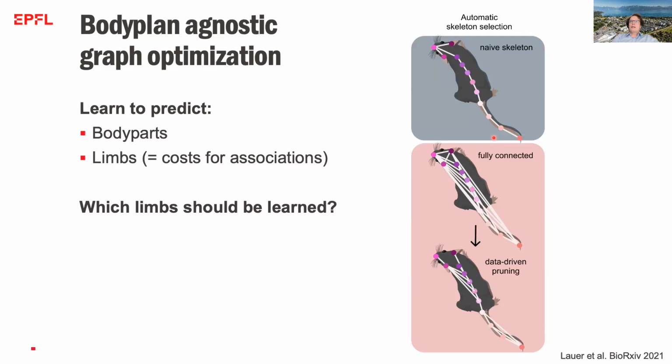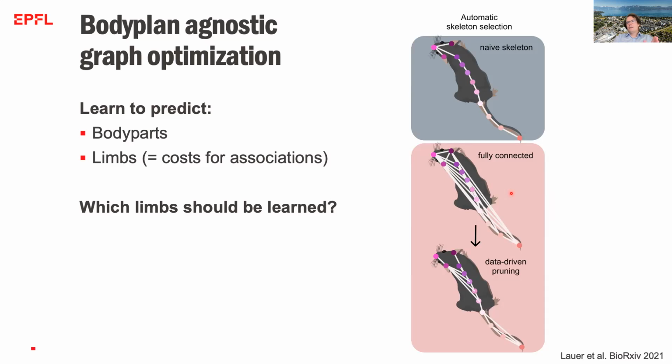And then DeepLabCut on its own decides which limb should be learned and connected. And this is done in the following way. First, during training, we create a fully connected graph. And so DeepLabCut needs to predict all the part affinity fields for all pairs of key points on an animal.